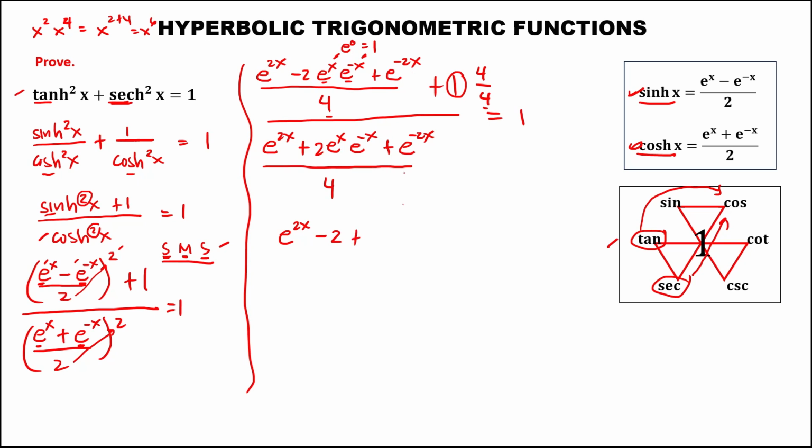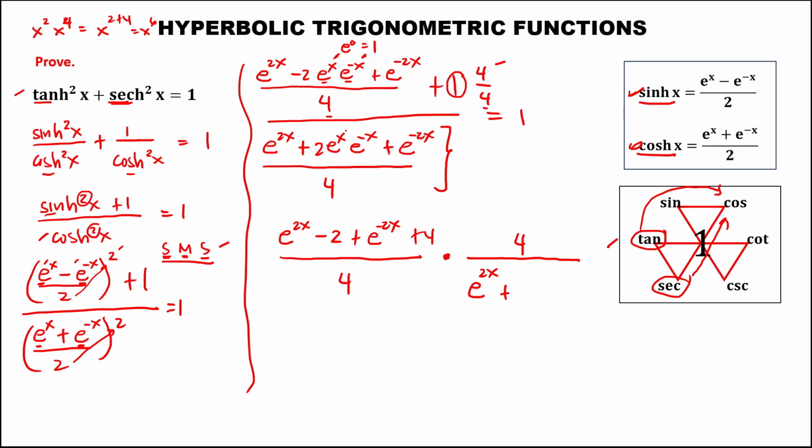Then plus e to the power negative 2x, then plus 4, all over 4, times the reciprocal of this denominator. So this is equal to 4 over e to the power 2x, then plus.